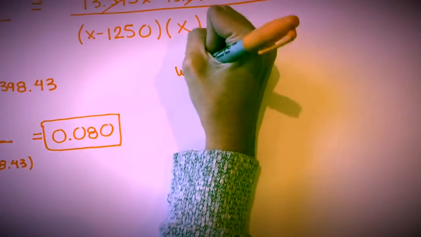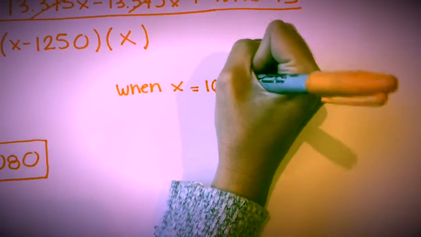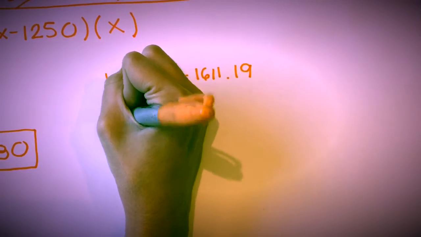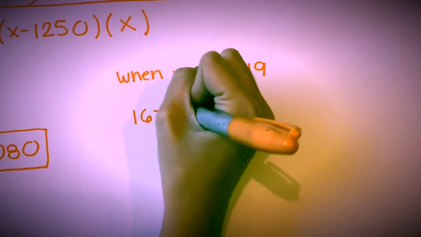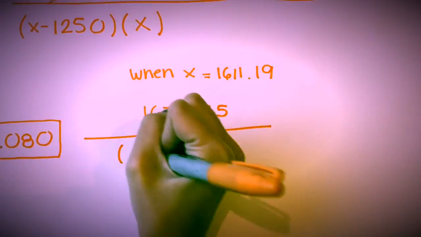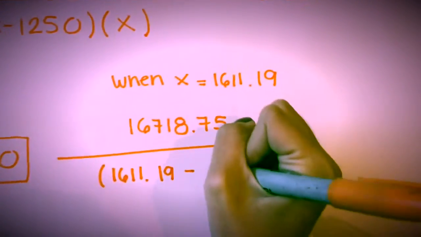And when x equals 1611.19, let's see what it will give us. 16,718.75 over 1611.19 minus 1250 times 1611.19.